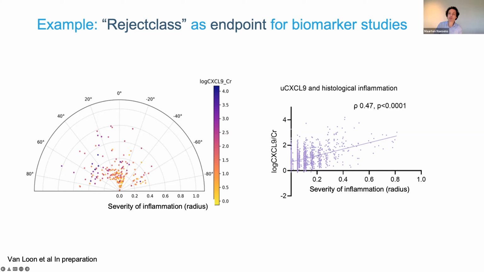This could not be done when you use rejection as presence or absence according to the Banff classification, where you of course see that the urinary chemokines are higher in rejection cases, but you do not have the granularity to give a more continuous scoring and relate the chemokines to the spectrum of rejection severity.